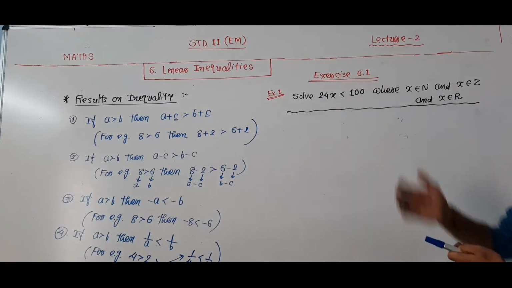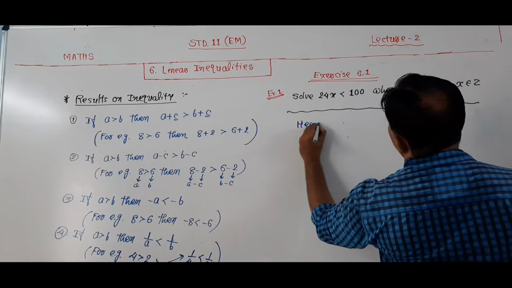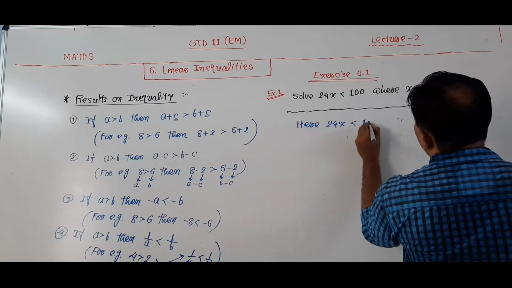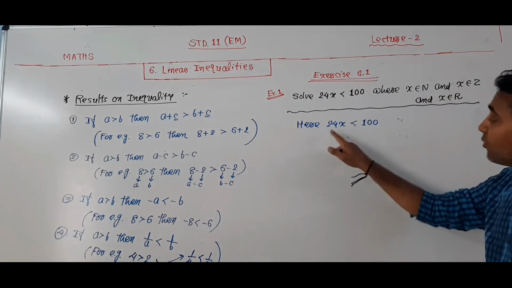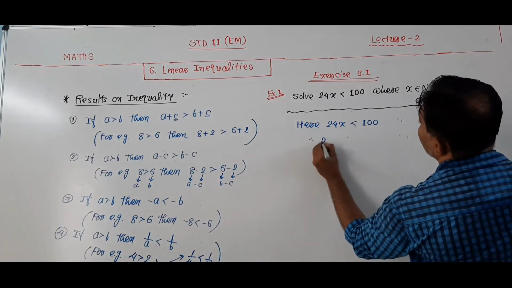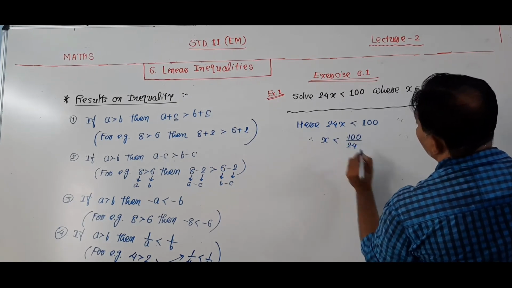See here, 24x is less than 100 is given. So we start with the given expression 24x less than 100. First of all, this 24 goes to the other side. What do we get? x is less than 100 by 24.